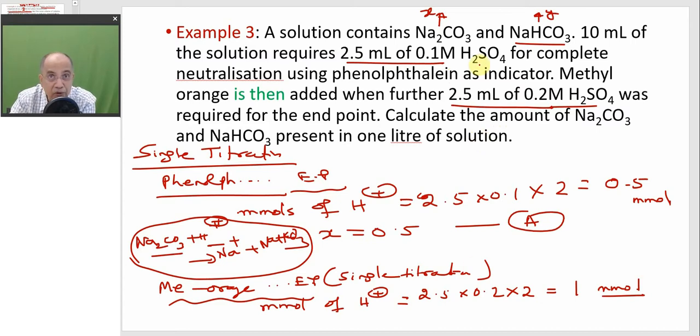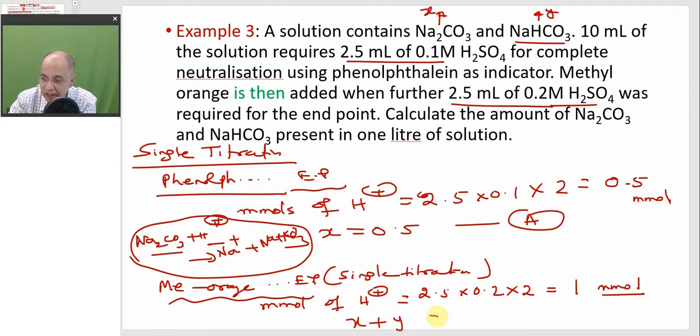So from the side of sodium carbonate, for the second half neutralization X, and for the entire sodium bicarbonate in the mixture, which was lying idle, now its turn will come, and this is Y. So X plus Y is equal to 1. It's not two separate reactions. It is the same analyte undergoing a second stage titration, that is the methyl orange titration. So once we know this and this, we can solve. I have done it for you.